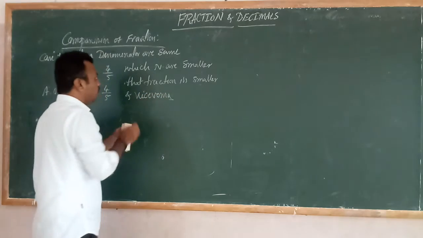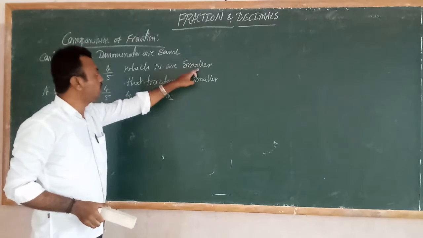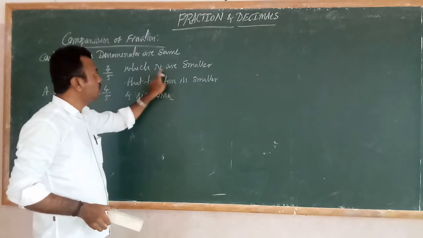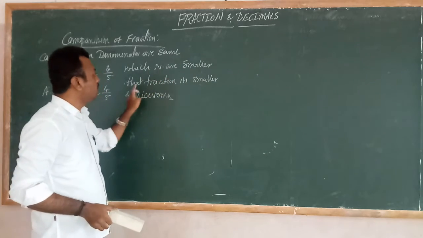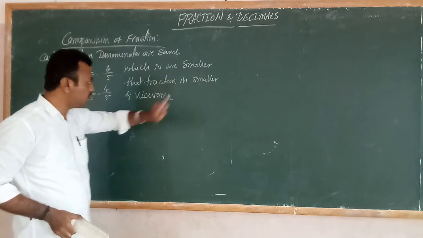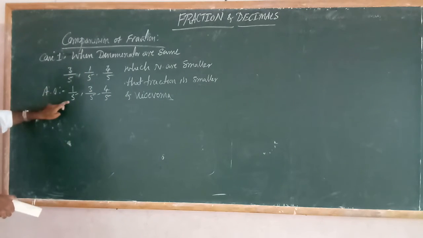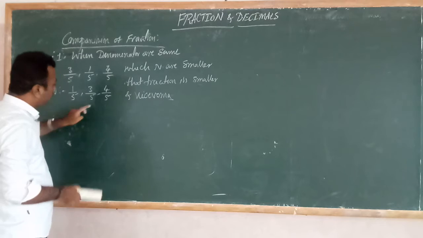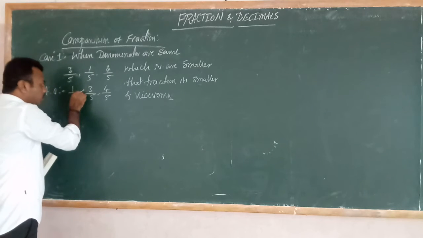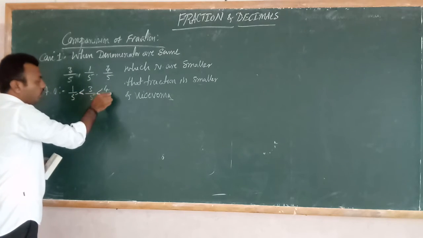Vice versa means ulta: which numerator is bigger, that fraction is bigger. Understood? That's why 1 by 5 is smaller than 3 by 5, which is smaller than 4 by 5.